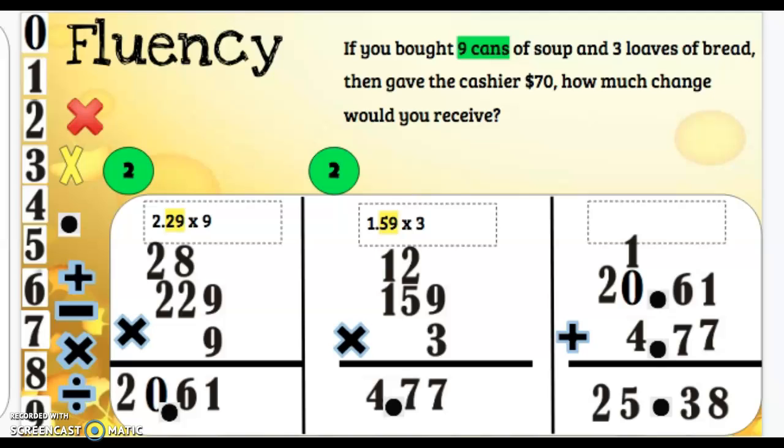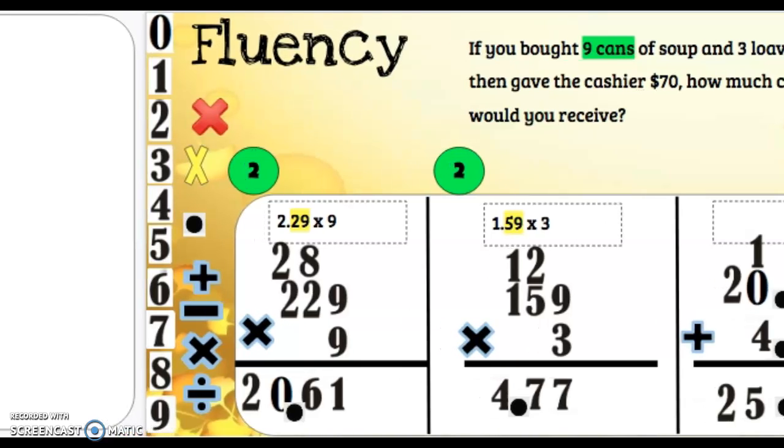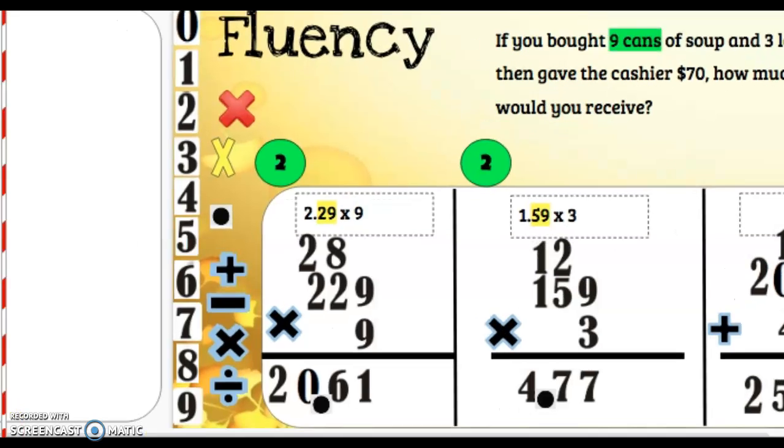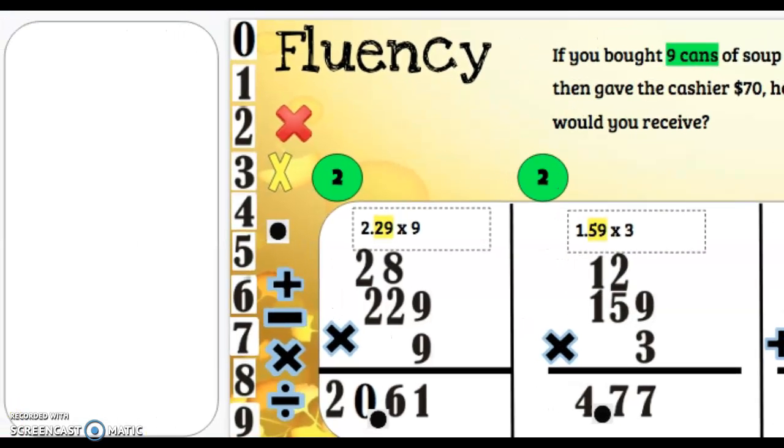So since I gave him $70, I'm getting money back clearly, and I want to make sure I get the right amount back. So anytime you go to a store and you pay with more money than you spend, what you have to do is subtract the amount you spent from the amount that you gave the clerk. So in this case, you're going to have to go off to the side. I'm going to move this over so I can see.